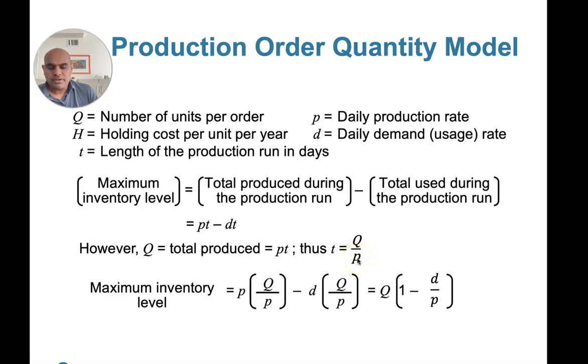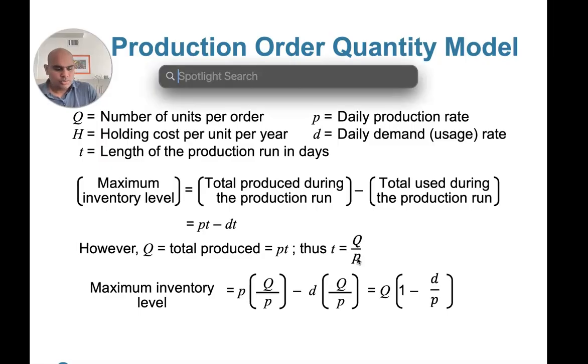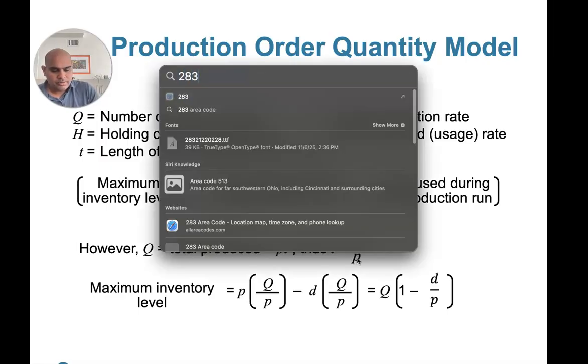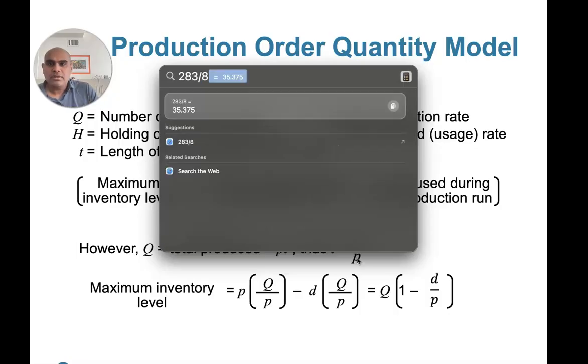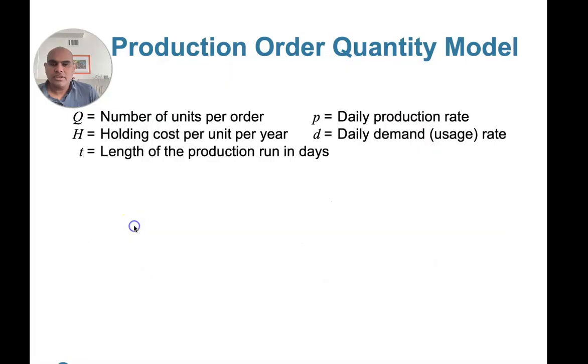So 283 divided by 8 will be 35.75. And that's your production time. So every 35.75 days, you will stop production and then you let inventory go down to 0. Then you'll start again with 35.75 days of production and then continue.